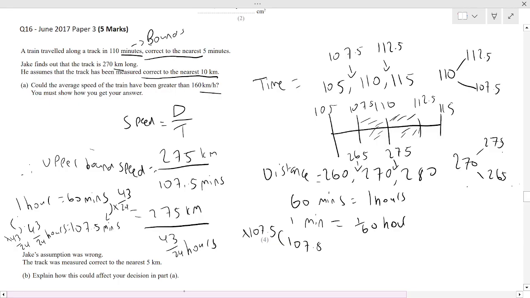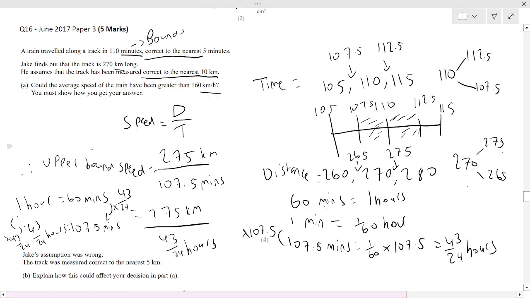So 107.5 minutes, which we have, is 1 over 60 times 107.5, which you put into the calculator to get the same result of 43 over 24 hours. Okay, so that's what you've got to work with.